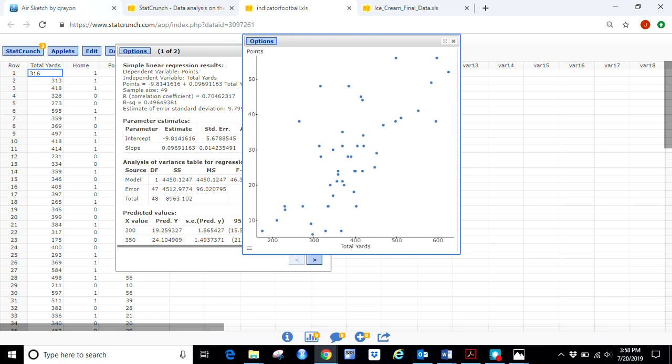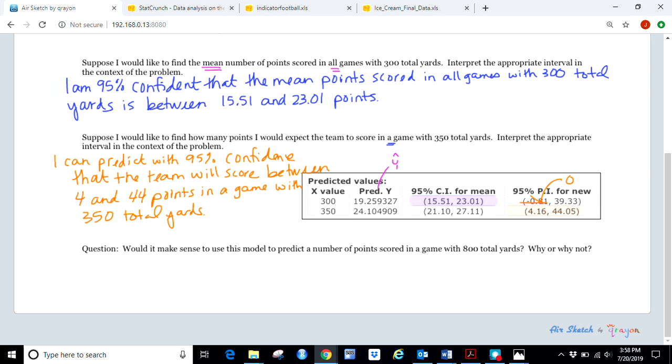So as an answer to my question of whether I want to use this model, my answer would be no, because I don't have data near that yardage. So I don't have any games in my data set with close to this yardage.